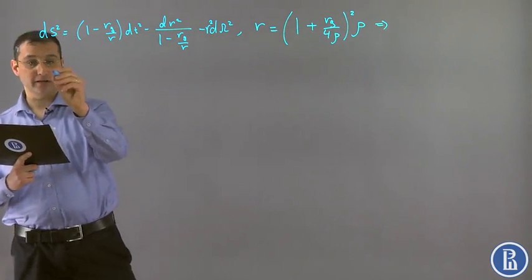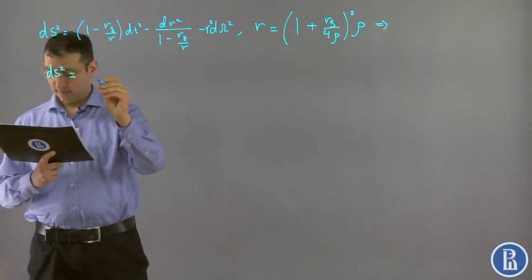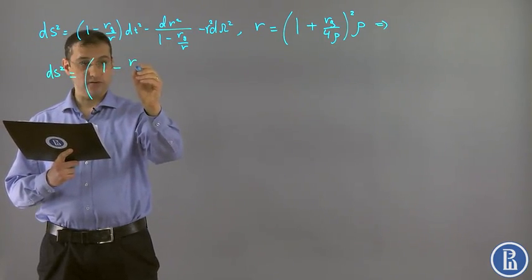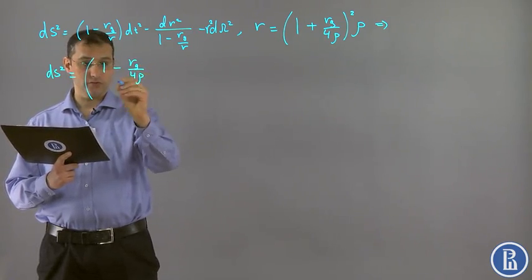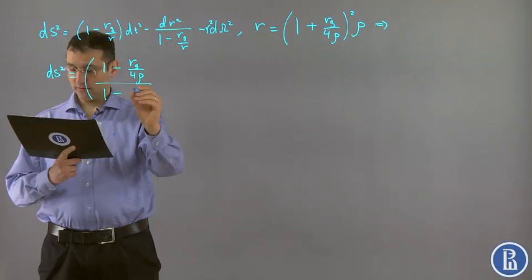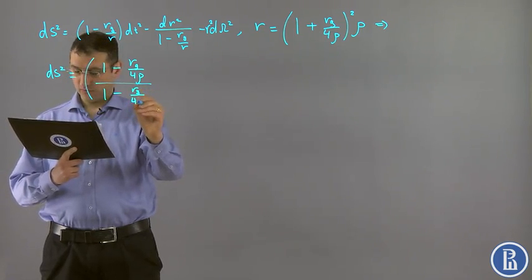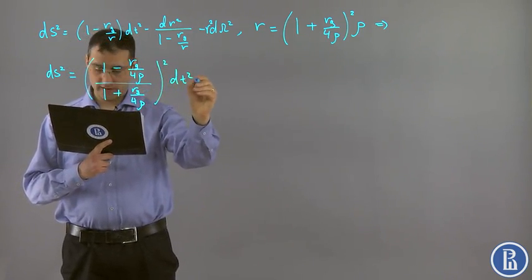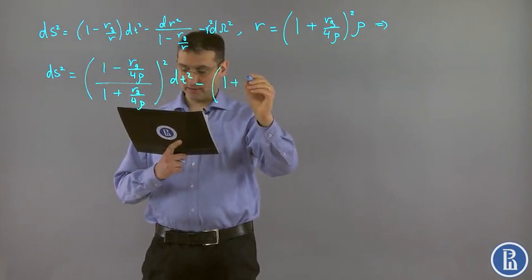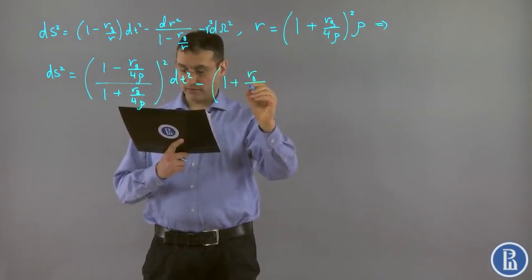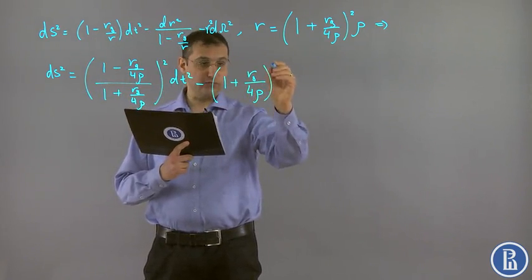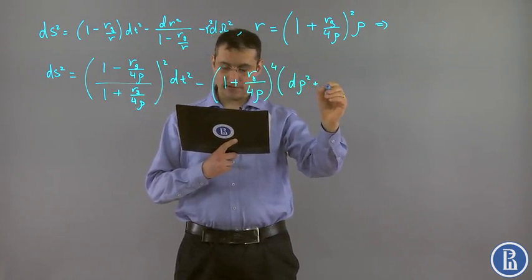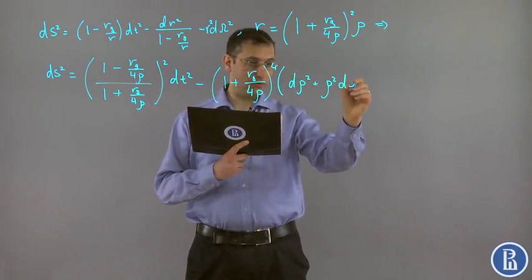One obtains the following metric: (1 minus r_g over 4 rho) squared divided by (1 plus r_g over 4 rho) squared, times dt squared, minus (1 plus r_g over 4 rho) to the fourth times (d rho squared plus rho squared d omega squared).